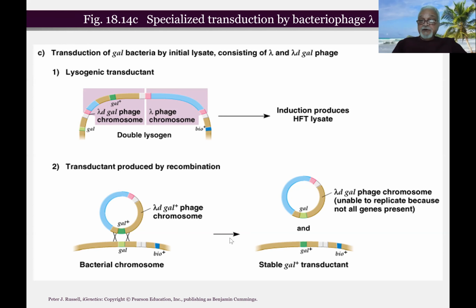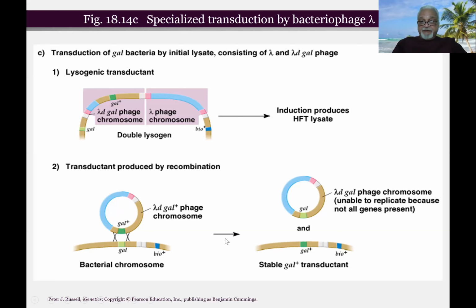It will be a stable transductant produced. So here the gal plus gene is coming along with the phage. It is the phage which is bringing a gal plus allele or gene from donor to the recipient, which is lacking this marker gene, and making it from minus to plus.